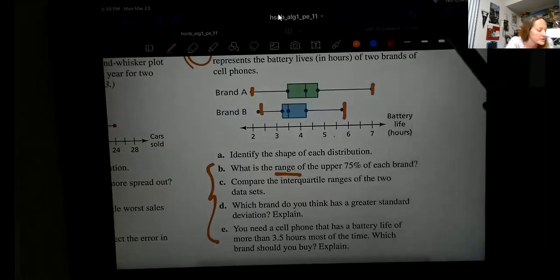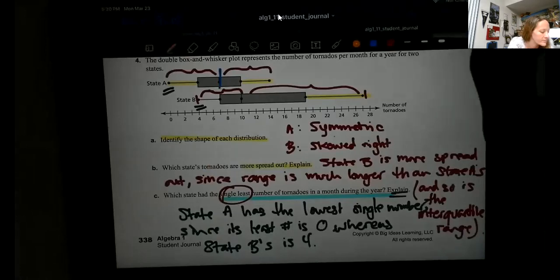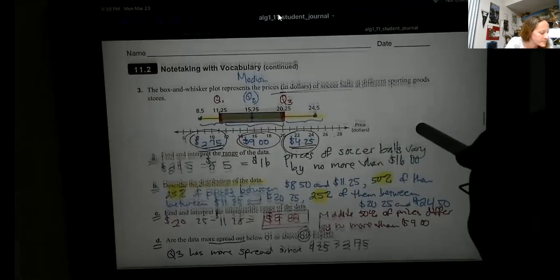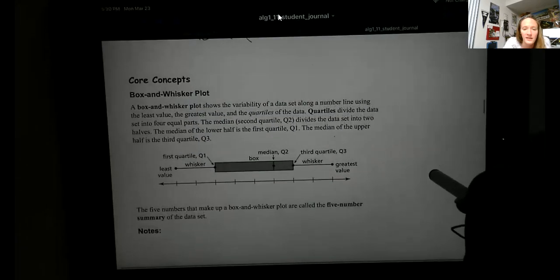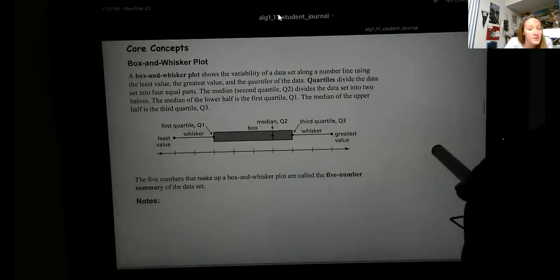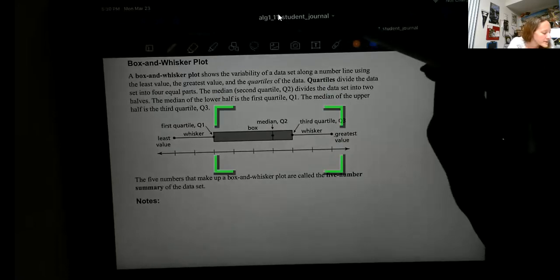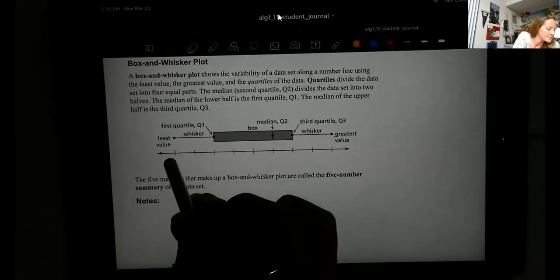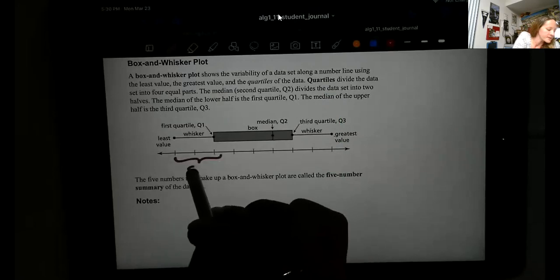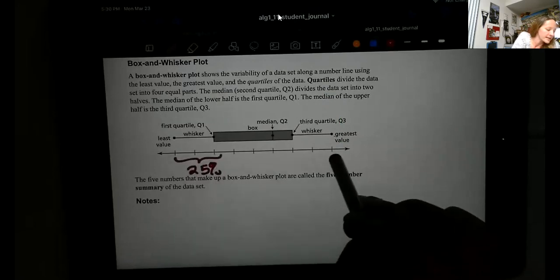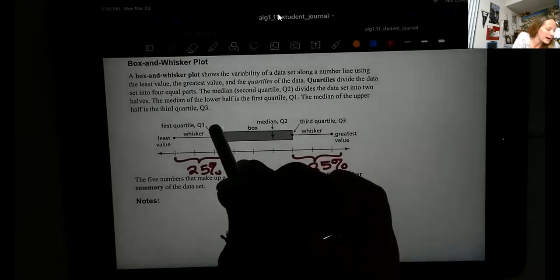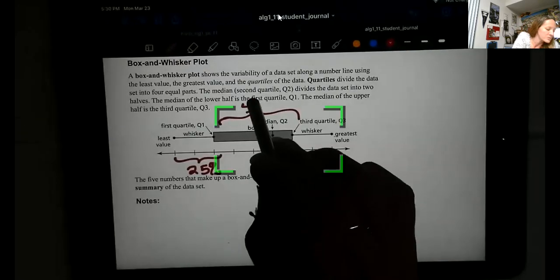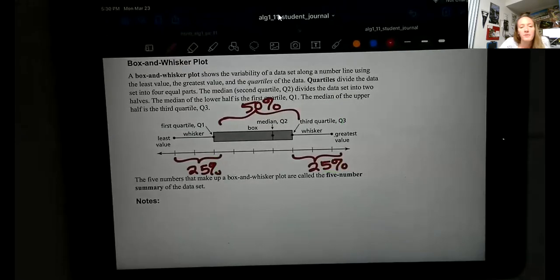Now you might have to go back to what the box and whisker plots are from maybe yesterday to be like, wait a minute, I'm a little bit confused as to where that 75% is. But if you remember really quickly, in each whisker there's 25% of data. And then we normally say in each box there's 50% of the data, which is right. But remember, quartiles cut it into fourths.